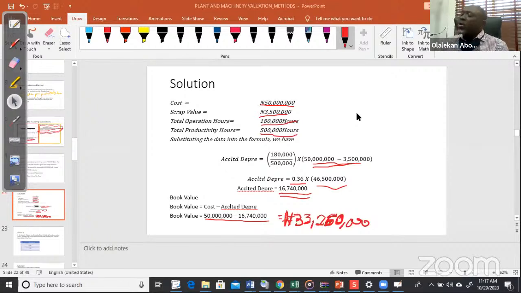As at the time of purchase, the exchange rate was 200 naira to $1, but it currently stands at 450 naira to $1.